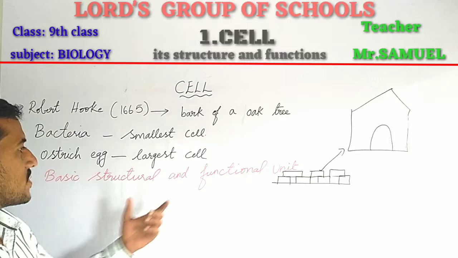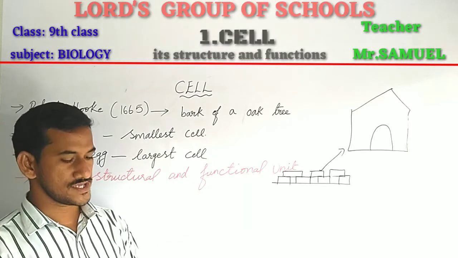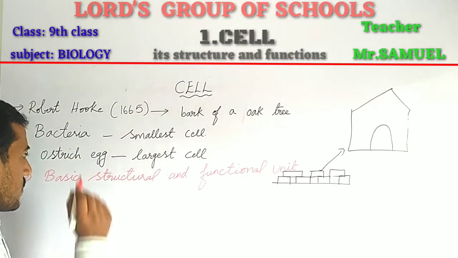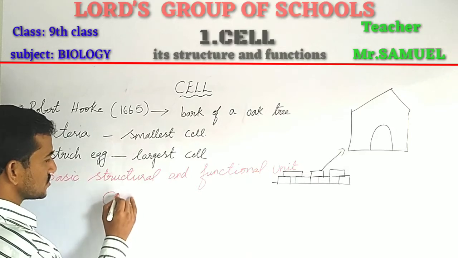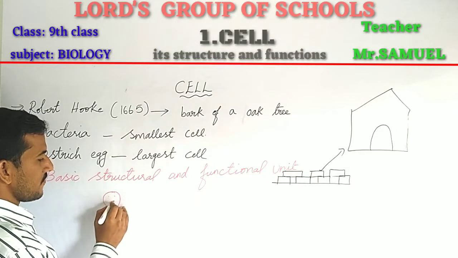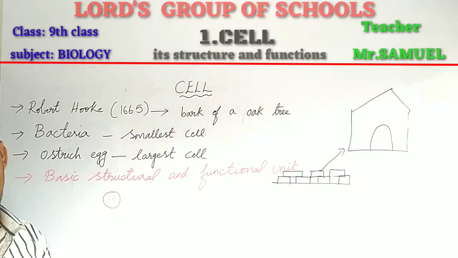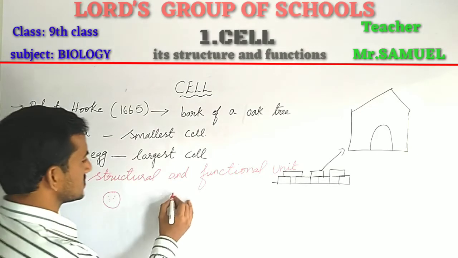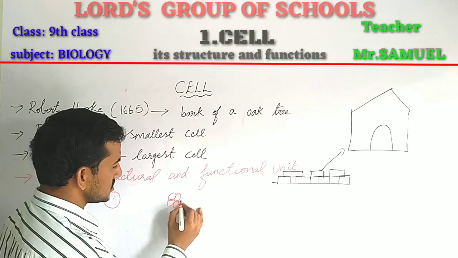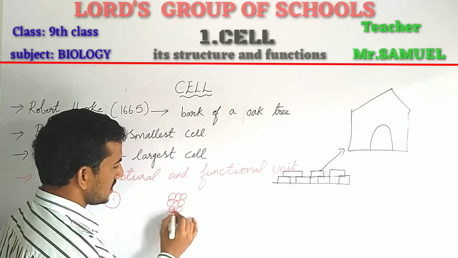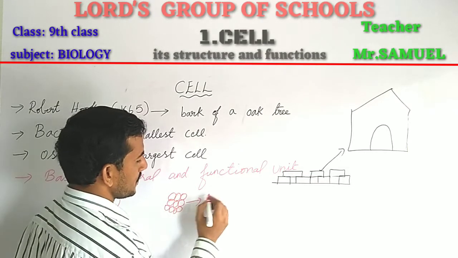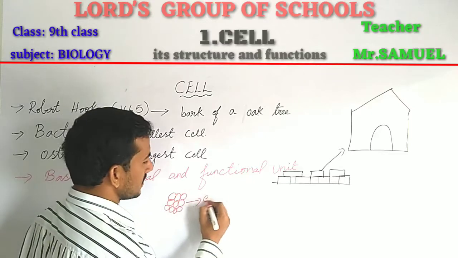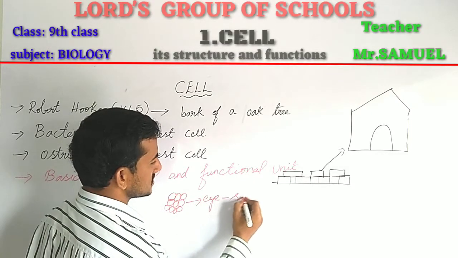And why do we call it functional? Because in bacteria only one cell is present, so this one cell will perform all the functions. And in multicellular organisms, a group of cells is called a tissue. The cells present in the eye help us to see.